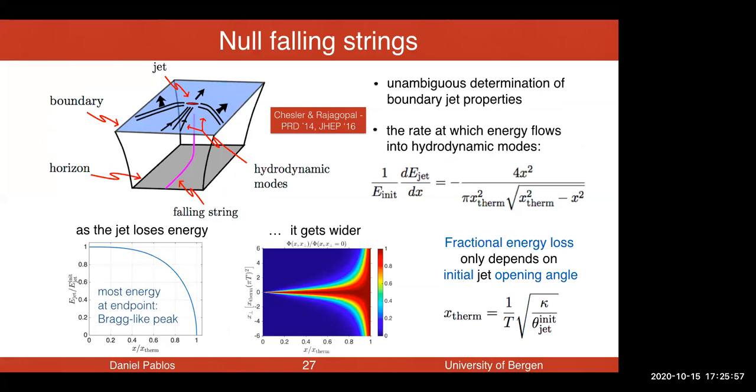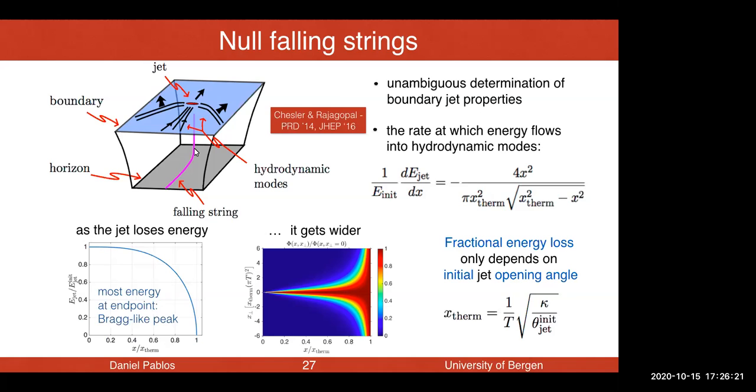So what one can do is set this open string, which starts at the boundary. Most of its energy is along the boundary. Then you let this evolve. The black hole is going to pull the endpoint of the string downwards. As it goes downwards, parts of the string will fall into the black hole.